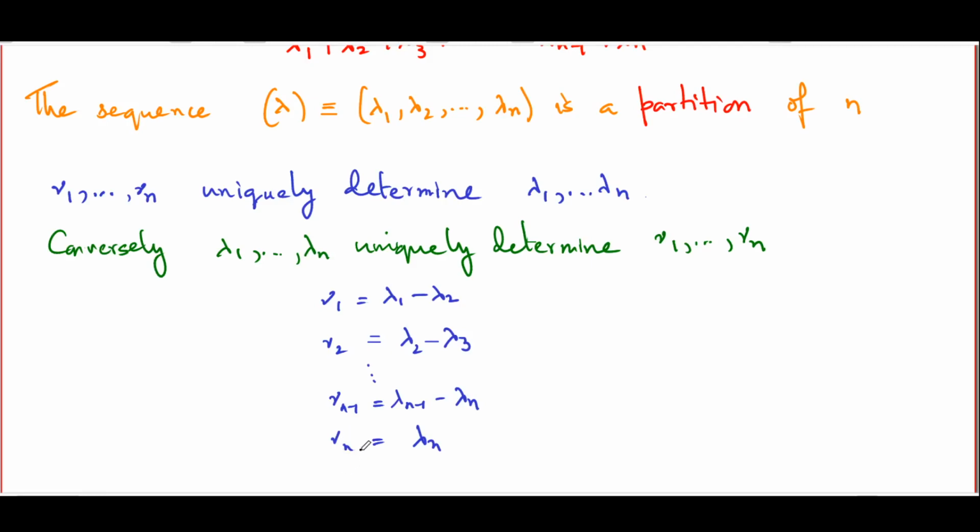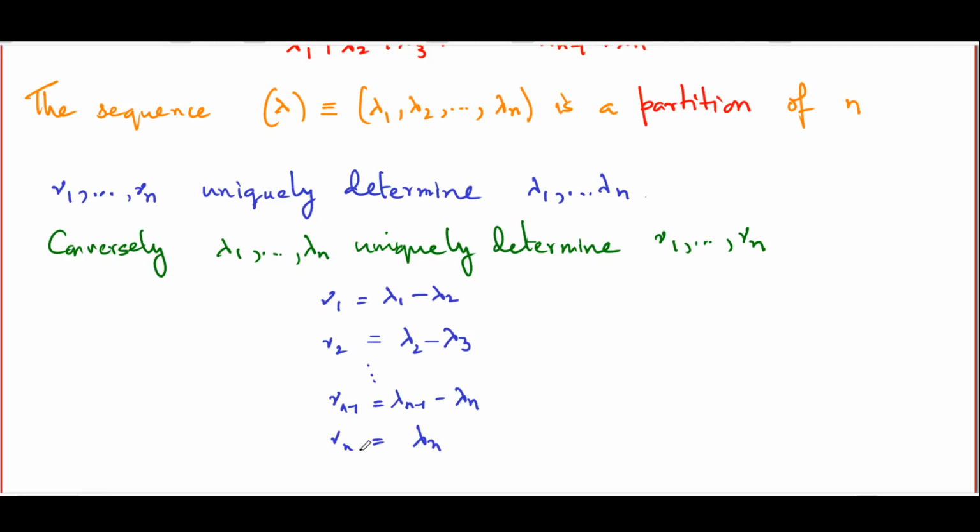The only somewhat outlier is nu n, which is the same as lambda n, although you can make it conform to the same formula simply by defining lambda n plus 1 to be 0. So, you can uniquely determine the lambdas from the nus and the nus from the lambdas. And the lambdas, of course, provide a partition of the integer n.